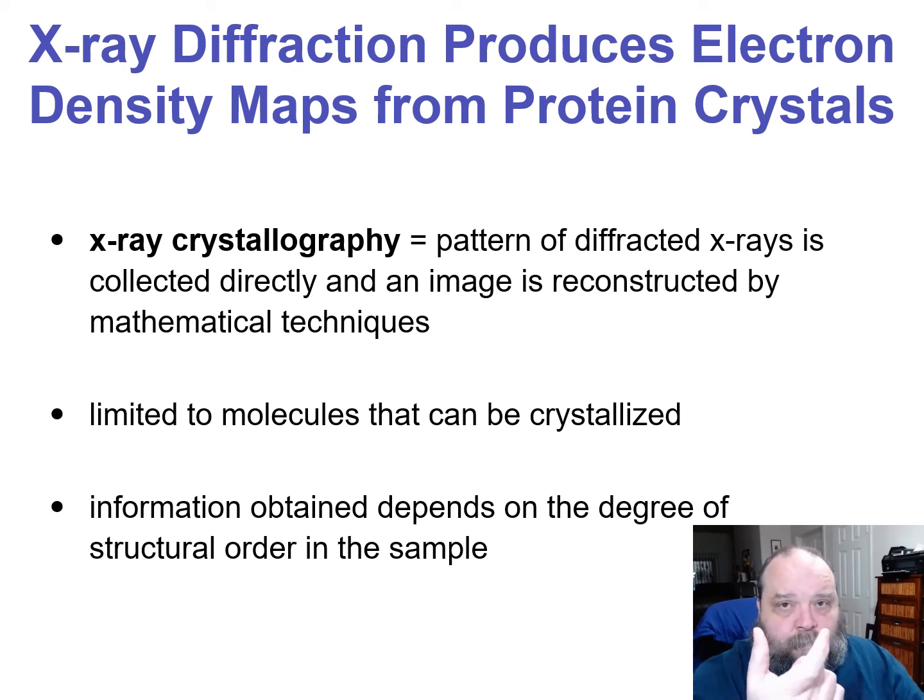You take your macromolecule of interest or your molecule of interest, if you're a pure chemist, you crystallize it. You crystallize it by turning it into a salt. So you take it, you make it a salt crystal, whether it's a protein, nucleic acid, or some other form of organic compound, organic molecule, or whatever. Different methods for different things.